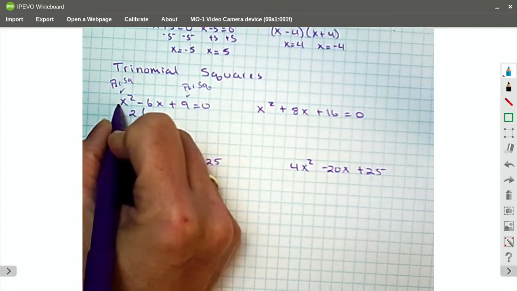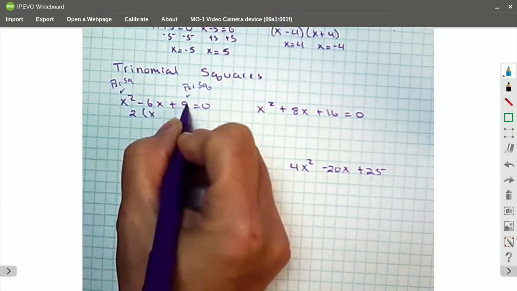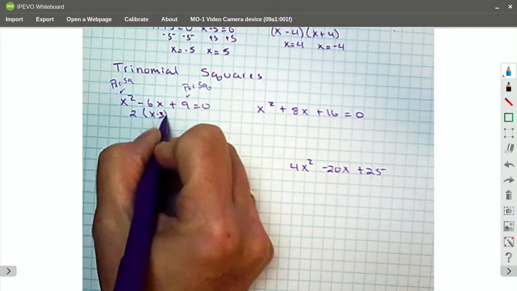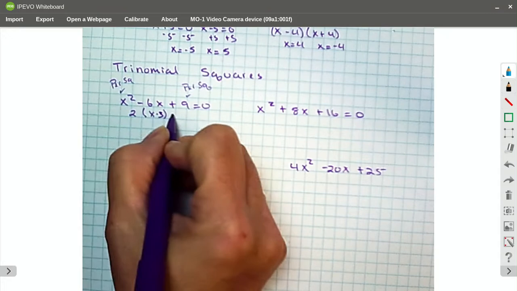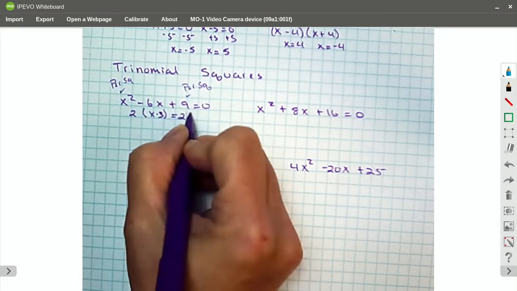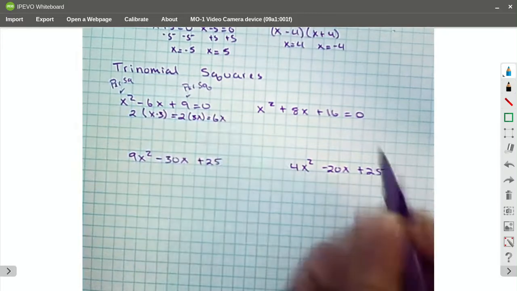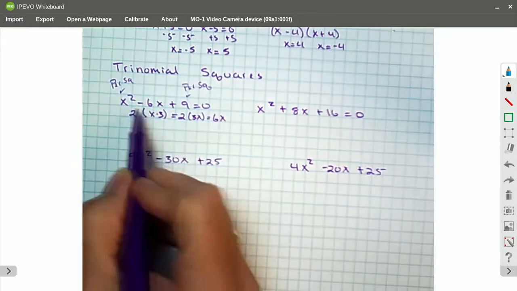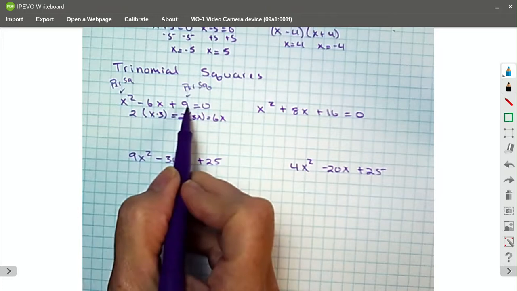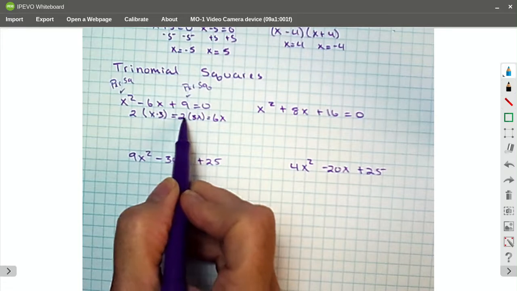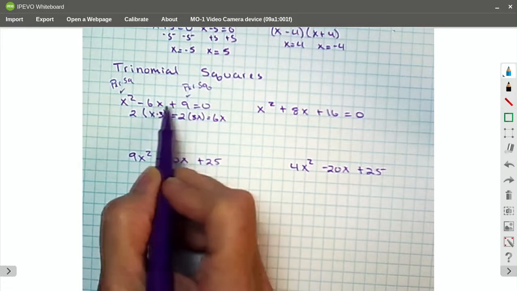So my square root here is x, and my square root here is 3. So 2 times 3x equals 6x: 2 times the product of your square roots. X times 3 gives me 3x, times 2 is 6x.